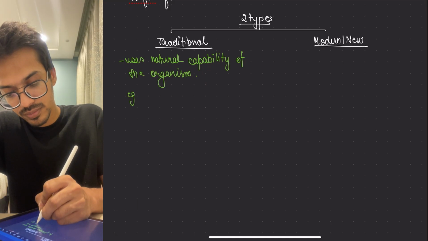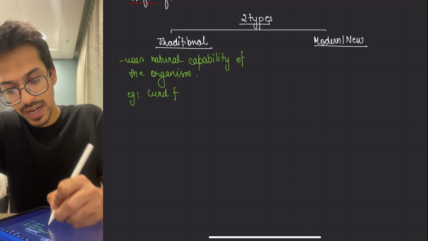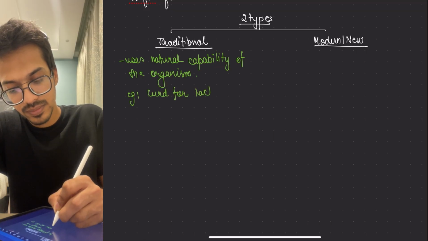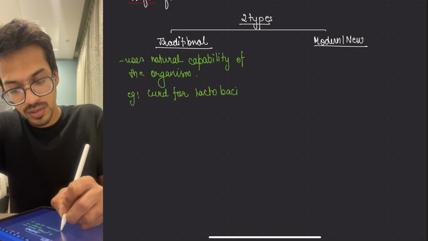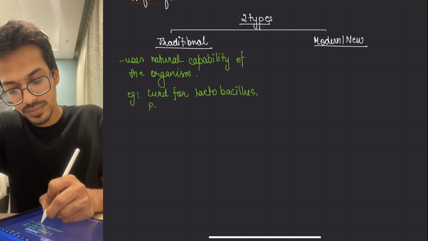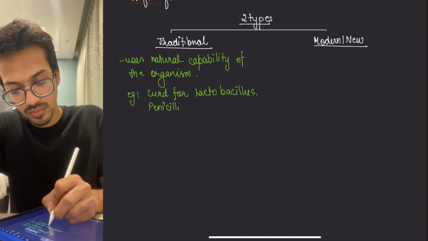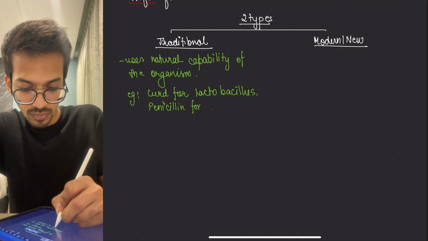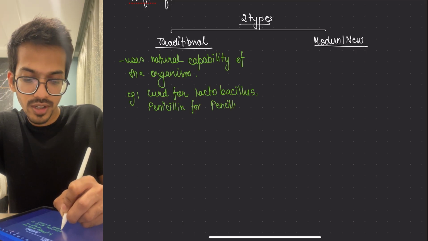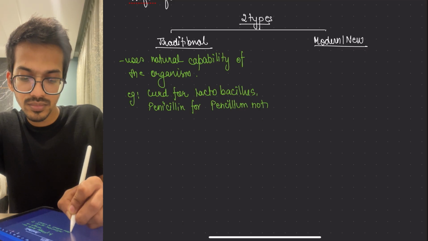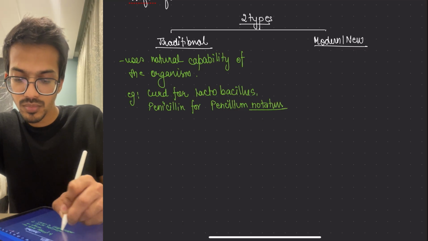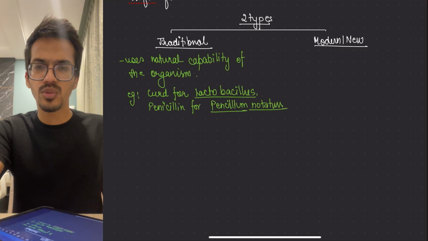Example, curd from Lactobacillus, penicillin from Penicillium notatum. So this is the traditional way.